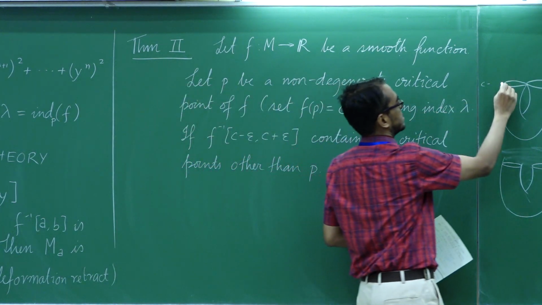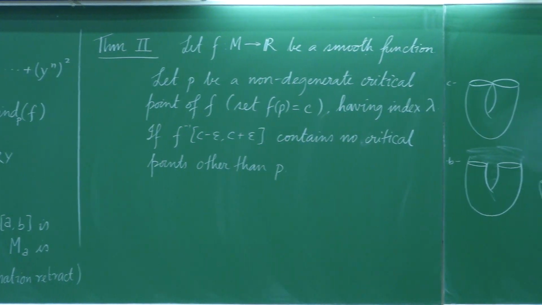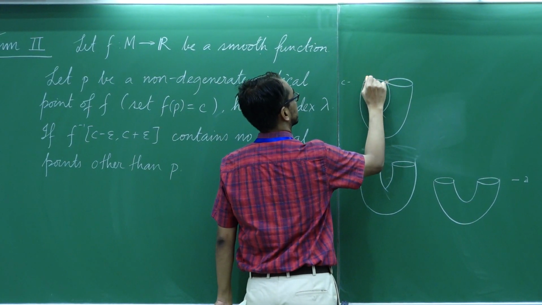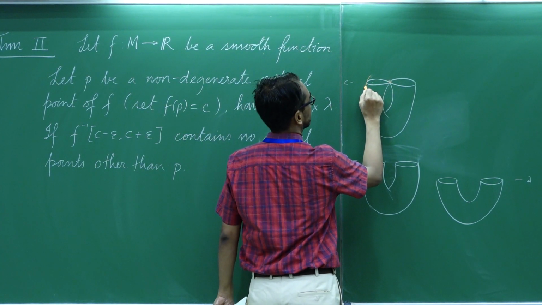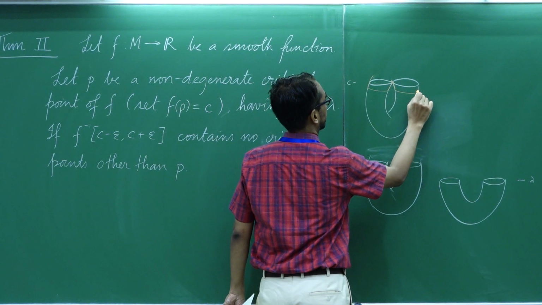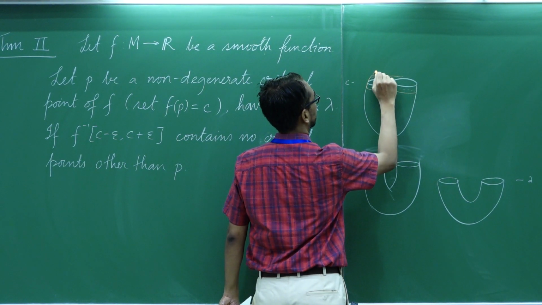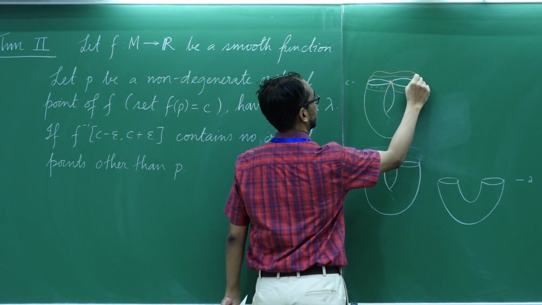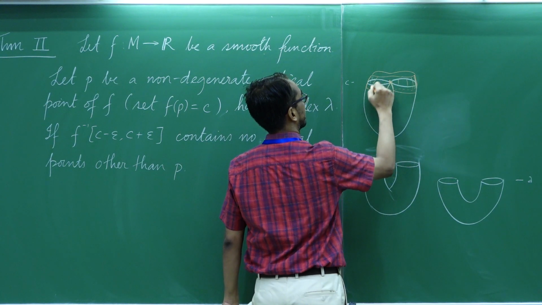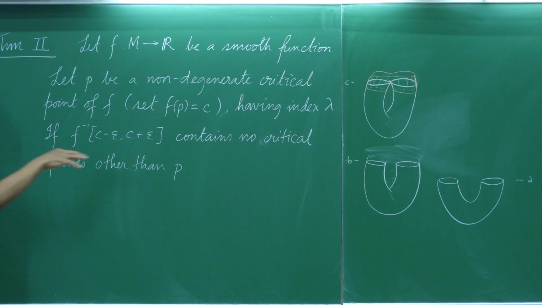If I take a little bit of thickening here, what do I get? In this particular case, I have exactly one critical point, and the thickening is going to look like this, however it is. That sort of has gone through the critical point, so it has opened up.